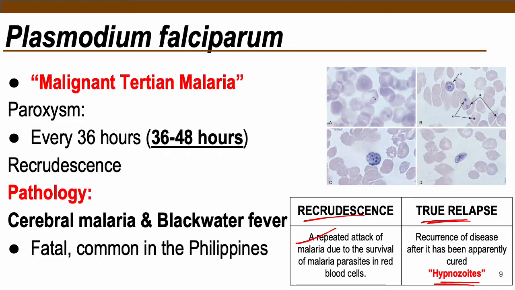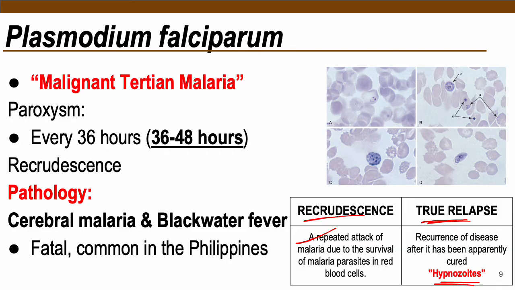Sometimes there are textbooks that say that your hypnozoite may be dormant in the liver cells for more than 10 years. So imagine that particular process where you think that you are already treated, but in truth, these hypnozoites are only dormant in your liver cells. So anytime they can rupture and attack your red blood cells in the process.